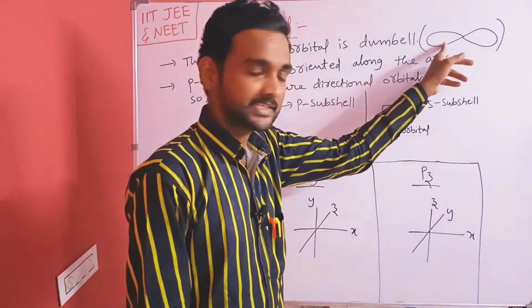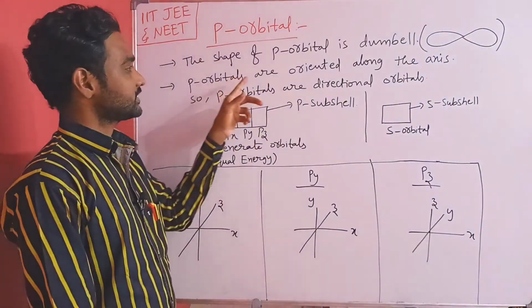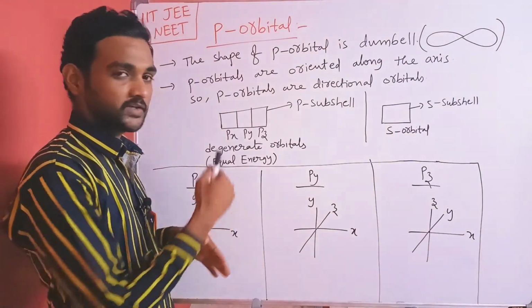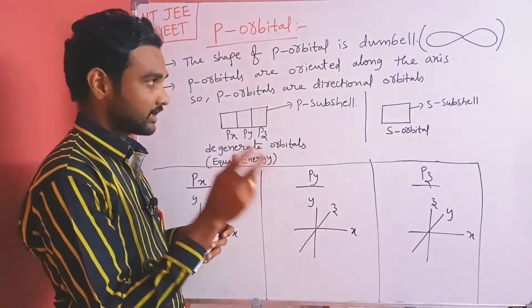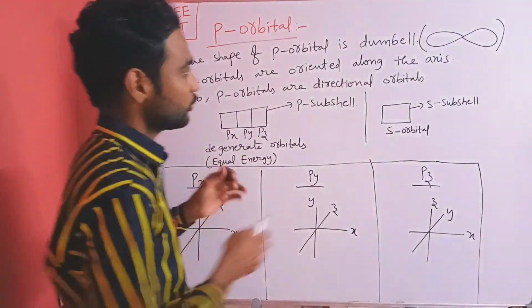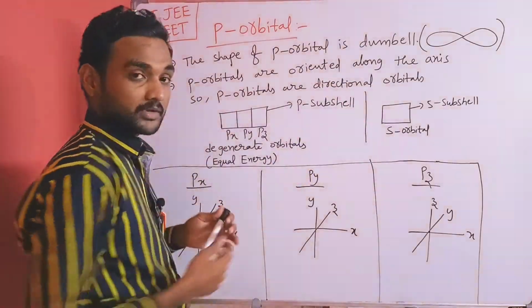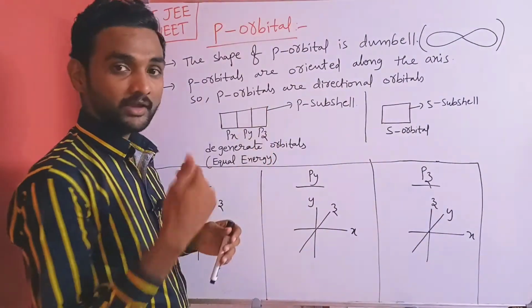The p orbitals are oriented along the axes; the lobes are present on the axes. So p orbitals are directional orbitals, they have direction, but s orbitals are non-directional.